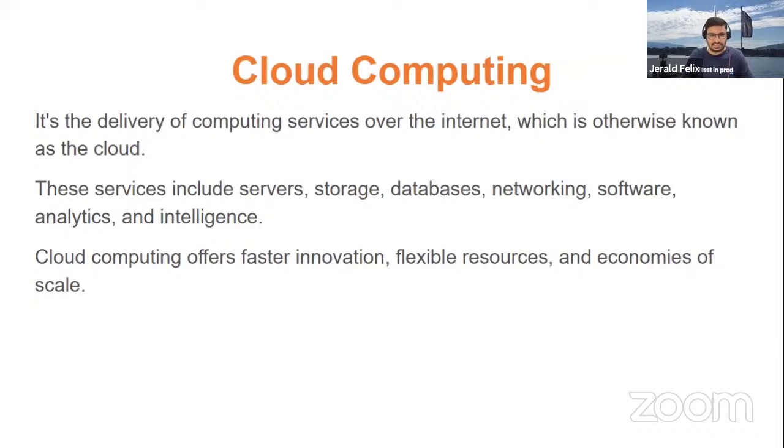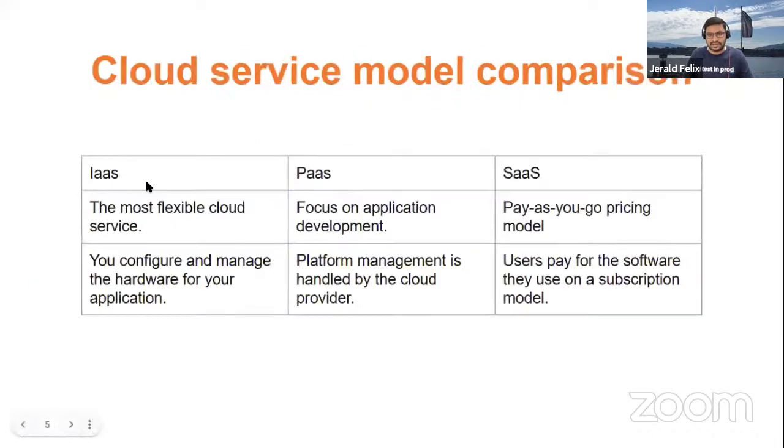But once cloud computing came into the picture, the cost of buying new servers and storage was reduced, and it saved a lot for the enterprises. So let me move on to the next slide.